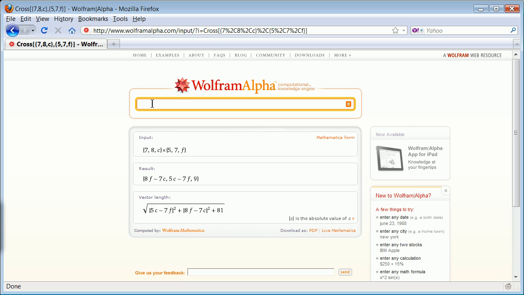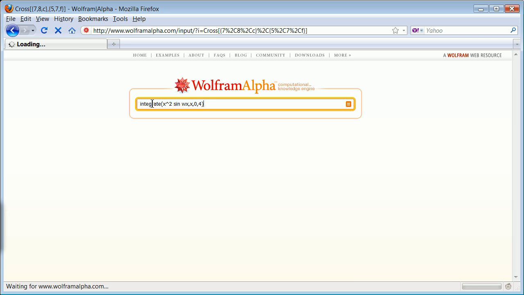So I noticed that I wanted to, for instance, integrate, perhaps, the function x squared times the sine of wx with respect to x from 0 to 4, and I realized it did it.